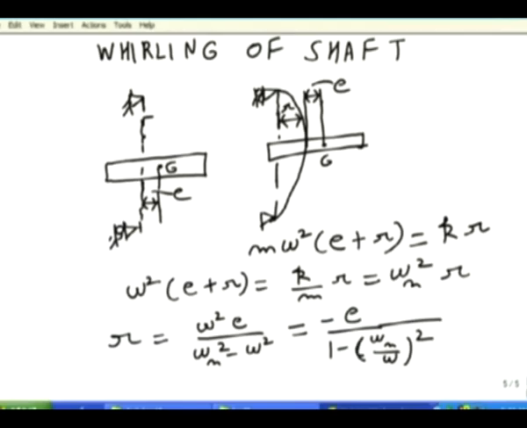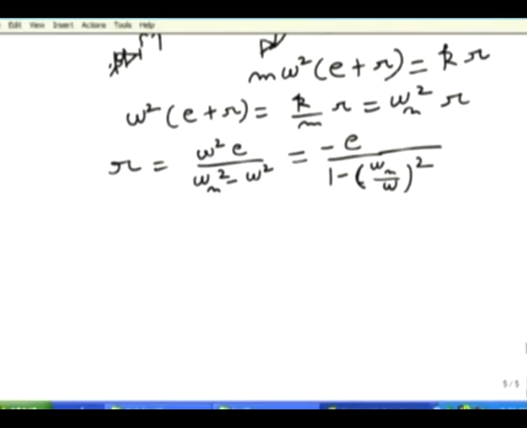If the operating speed omega coincides with omega n, then R will tend to be infinite. So, the condition of resonance will occur and the shaft may break also because of the excessive vibrations.